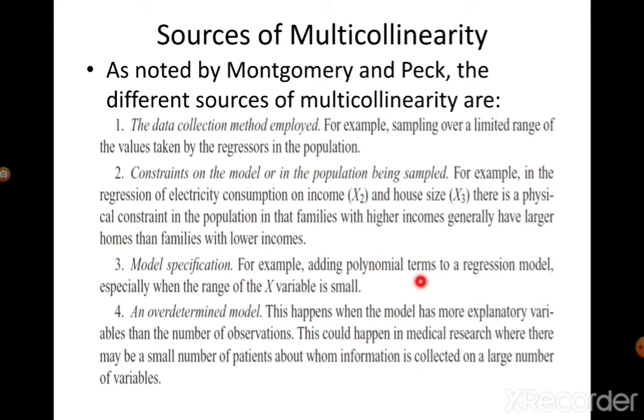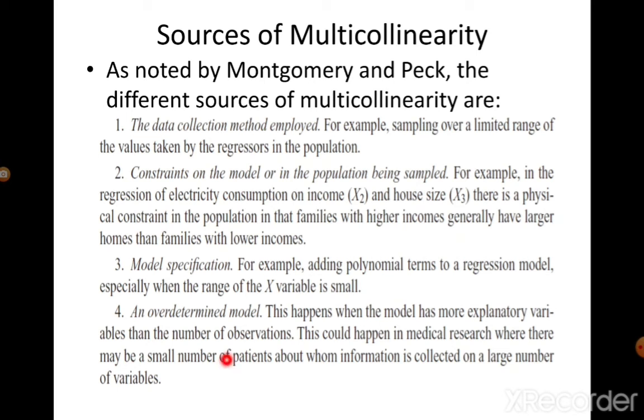When we add polynomial terms to the regression model, and especially where the range in which the x variable varies is very small, automatically multicollinearity happens. If you are trying to estimate the long run average cost function of different firms, you will end up using xi square and xi cube as your explanatory variables, because the theory demands so. So this model specification might be the source of multicollinearity.